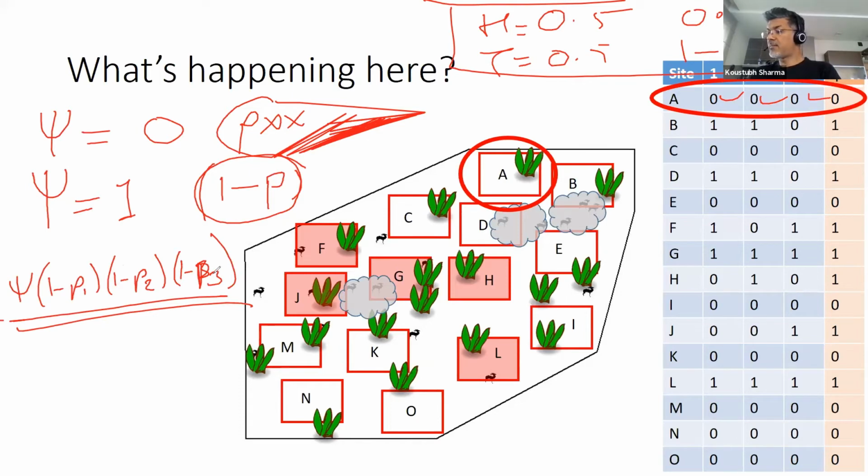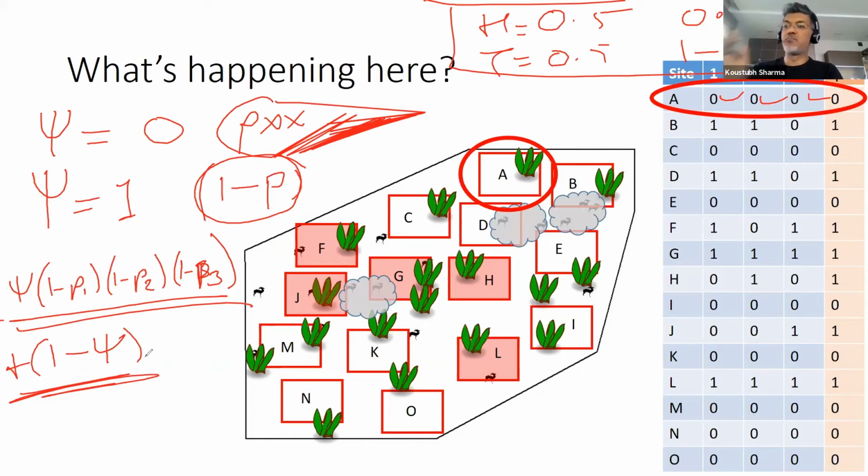The other possibility here is that the species is not present, which would be simply 1 minus psi. So there are two possibilities. Either it's this, or the species is just not present, with a probability of 1 minus psi.